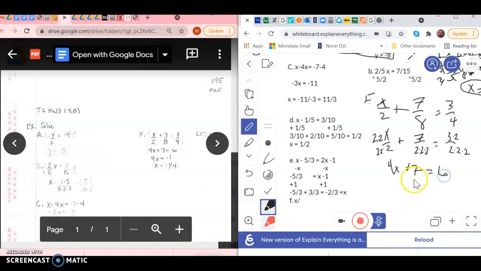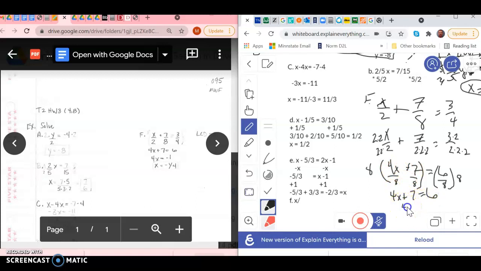equals 6. And the idea would be everything is divided by 8 now. So then you would multiply this whole side by 8 and this whole side by 8. Whenever you distribute the 8, everything's divided by 8, so everything cancels and you just get 4x plus 7 equals 6.